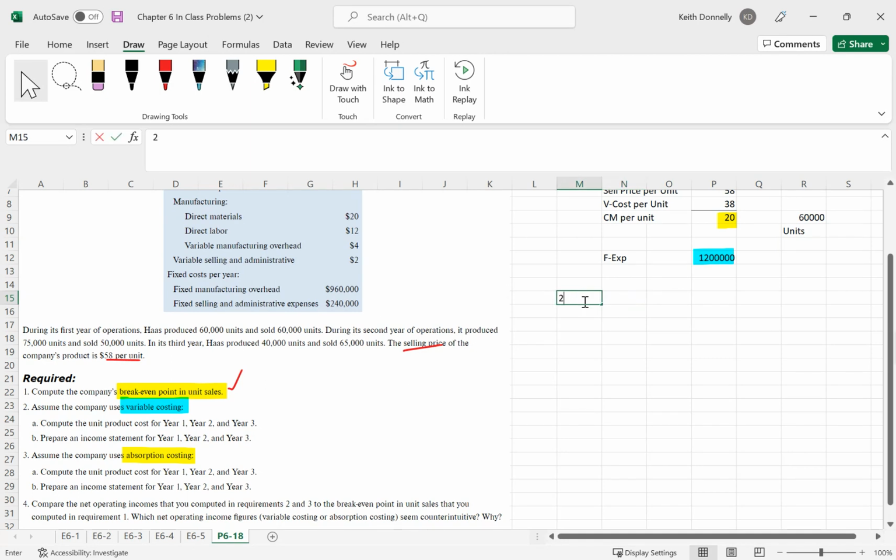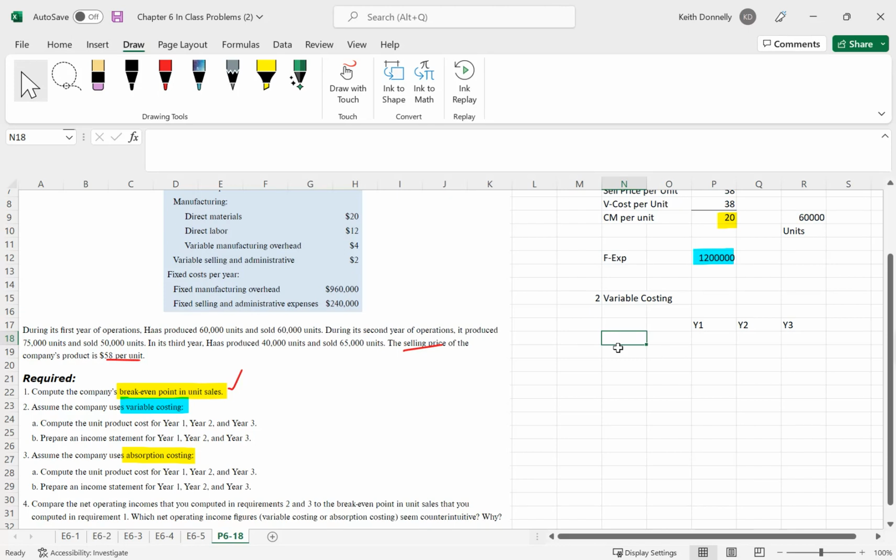All right, so for 2 here, we're using variable costing, right? And we're going to have year 1, year 2, year 3. What's the first one they want? The unit cost.